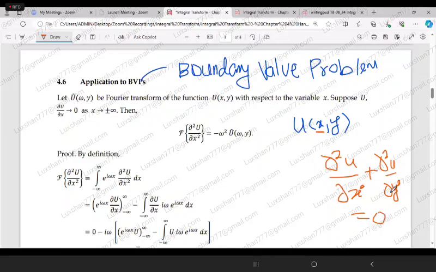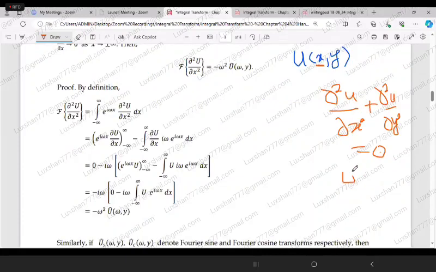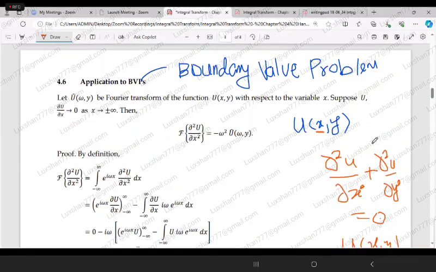This is one example of a partial differential equation. Here, the independent variables are x and y. By solving this equation, we are trying to find the unknown function u(x, y). That is said to be the solution of this partial differential equation.